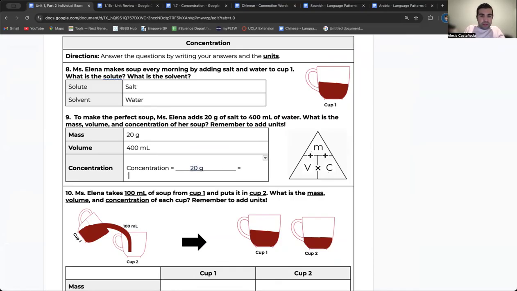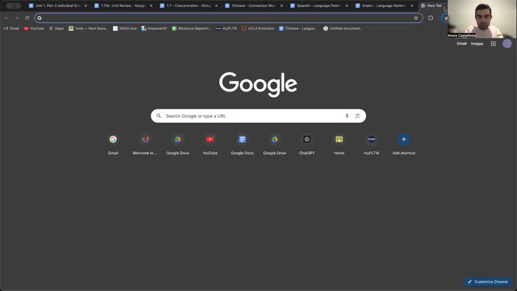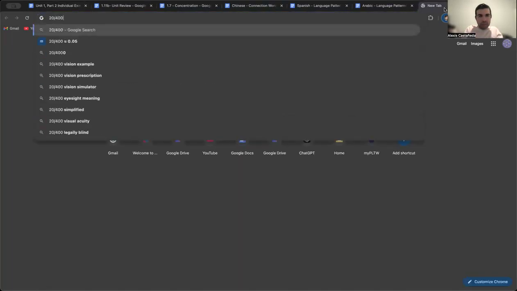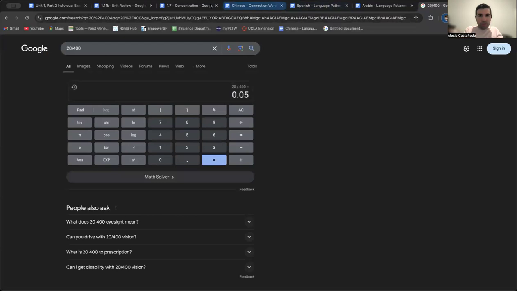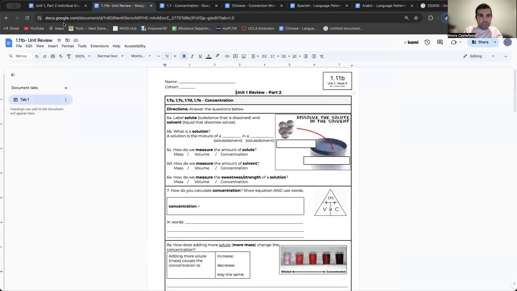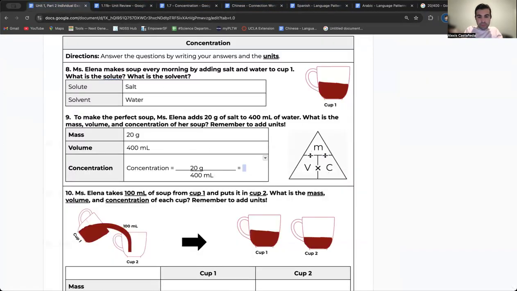And in the bottom, I want to put the volume, which is 400 milliliters. So if I calculate 20 divided by 400, I get 0.05. So right here, I'm going to write 0.05, and the units are grams per milliliter.